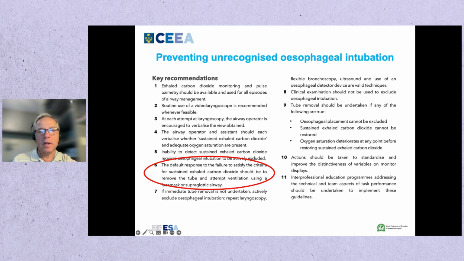And they came up with 11 different key recommendations, and I shall leave it to you to read all of them in more detail, but draw your attention to item 6 that says, the default response to the failure to satisfy the criteria of sustained exhaled carbon dioxide should be to remove the endotracheal tube and attempt to ventilate using face mask or supraglottic airway device.